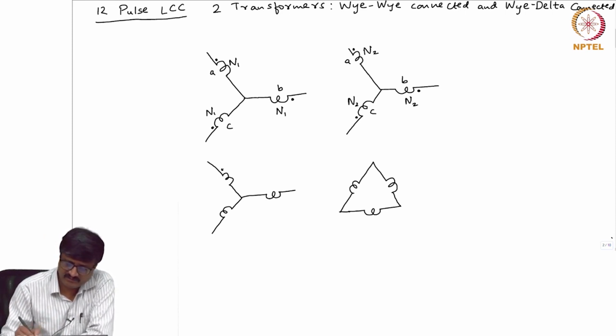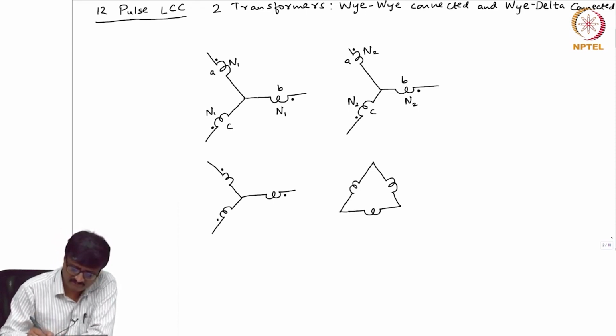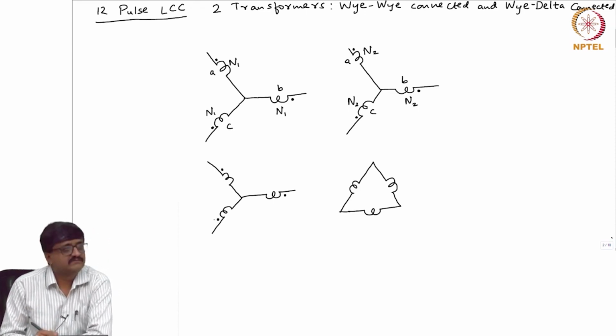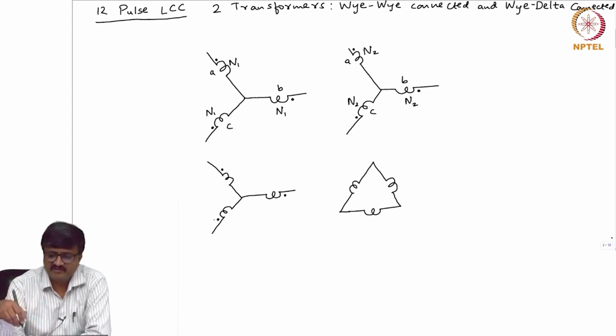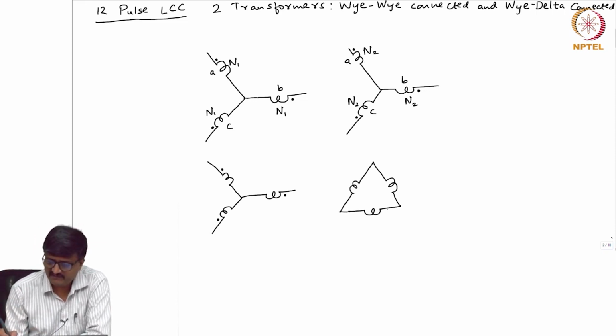So, suppose I put a dot here, dot here, dot here. You would have noticed not only are they shown in parallel, if you look at the A phase, the dot is above on the primary side, and on the secondary side it is also above in the YY case. The same thing is applicable even here.